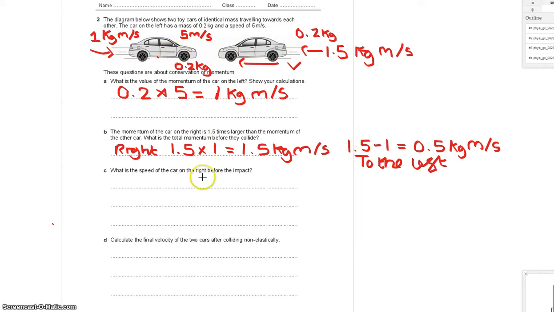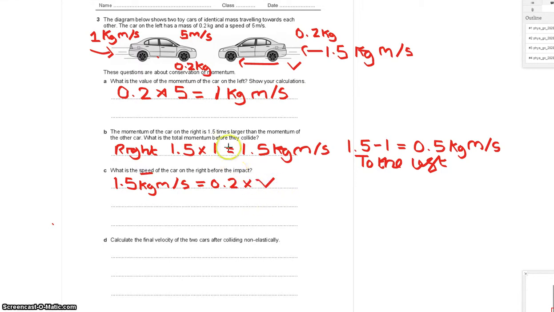So it says, what is the speed of the car on the right before the impact? Well, we know the momentum of the car on the right now is 1.5 kilogram meters per second, so I can put that into the formula. 1.5 kilogram meters per second. So momentum is going to equal its mass, so 0.2, times by its velocity, or its speed in this case, which is the thing we want to find, so times by v.